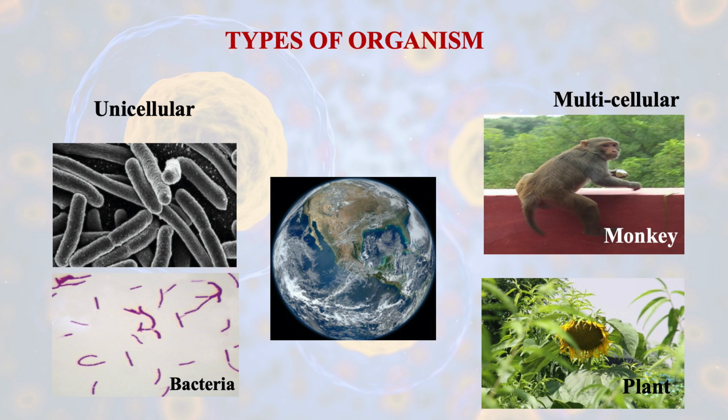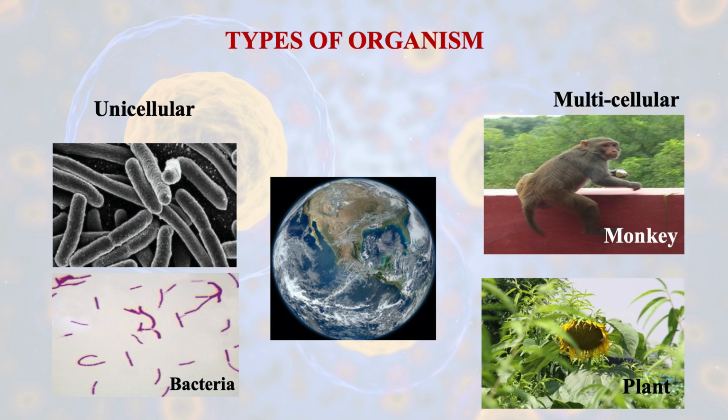As we know, Earth is home to millions of living organisms. There are two types of living organisms: they can be either unicellular or multicellular. A unicellular organism consists of a single cell, for example bacteria. Bacteria have a single cell unit that plays a very important role for the bacterial organism.